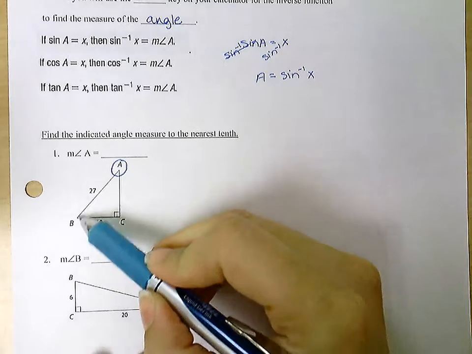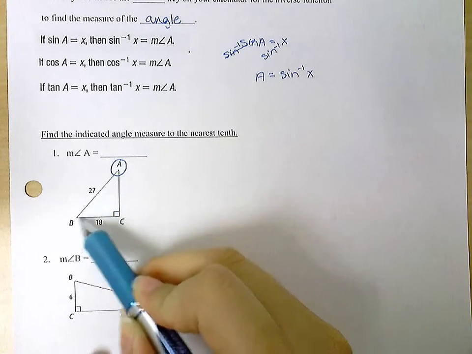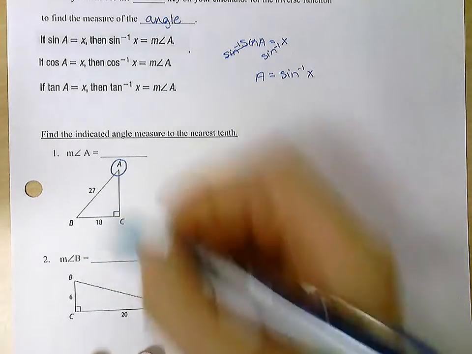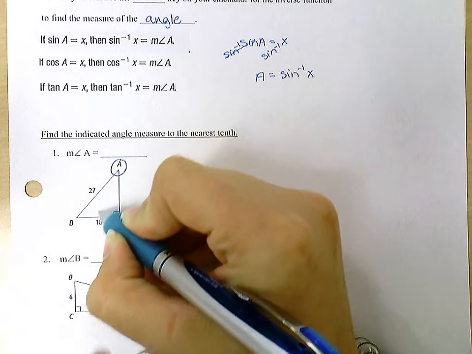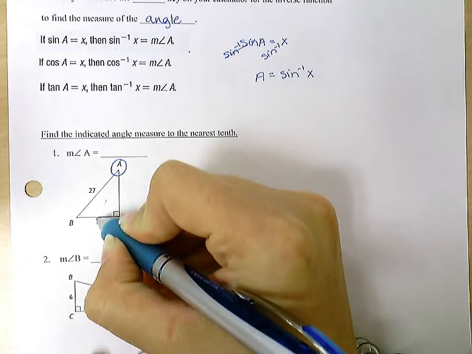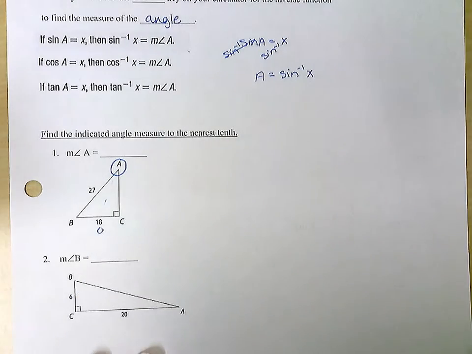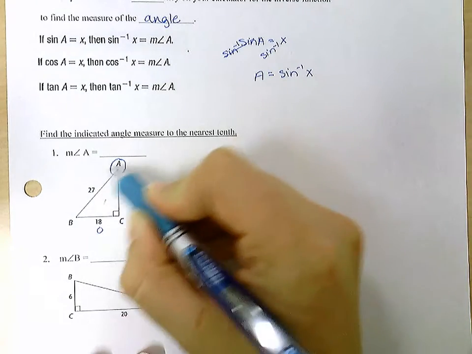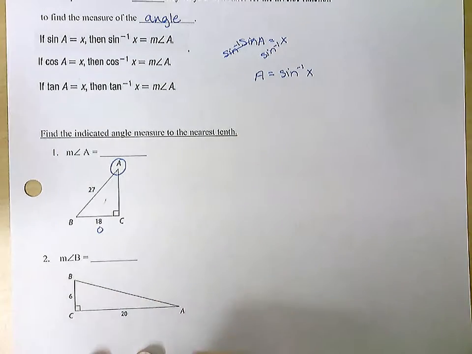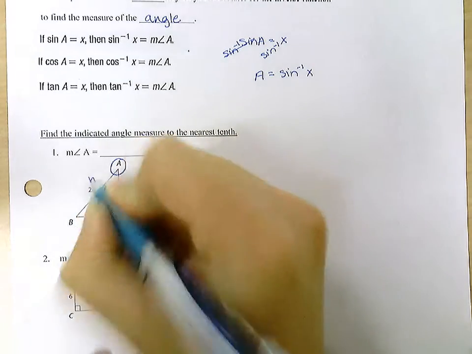So I have a side of 27 and a side of 18. Okay, so that side of 18, from my angle A, I have to go across the triangle to get to. So that I would label as my opposite side. Okay, then the side of 27 is across from your right angle, so that is always the hypotenuse.